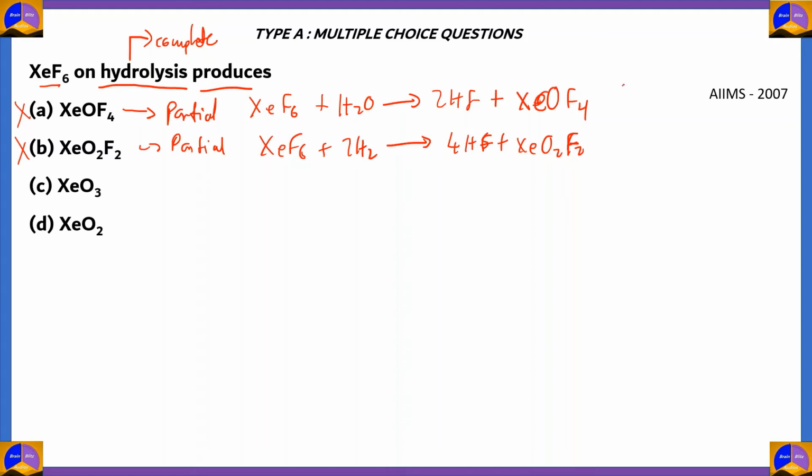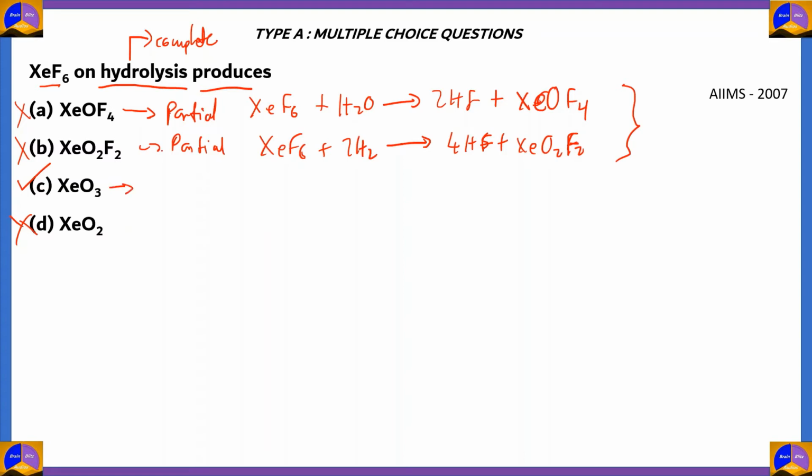So these two are partial hydrolysis, so therefore options A and B become incorrect because here we're asking about the reaction when complete hydrolysis occurs. And option D, XeO2, is not a product of hydrolysis, therefore option C becomes the right option.